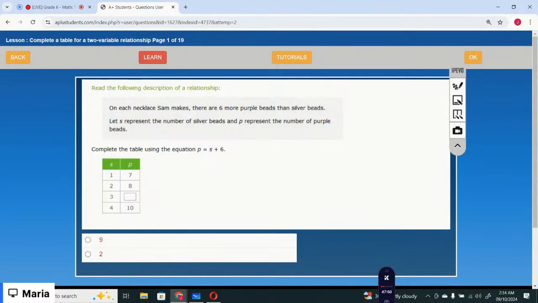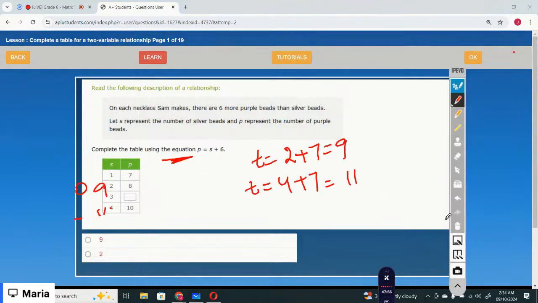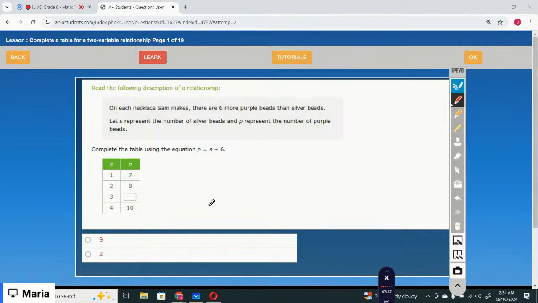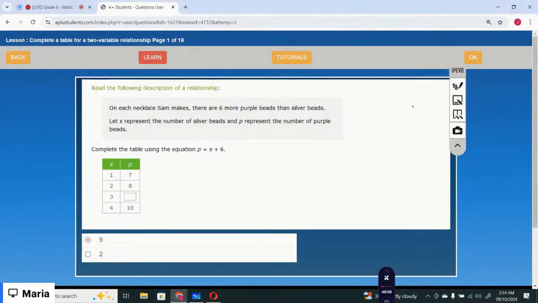Yes, when S equals 3, P is 9. You need to replace the S with 3. So that is P equals 3 plus 6. So 3 plus 6 is 9. The correct option is option number 1, that is 9.